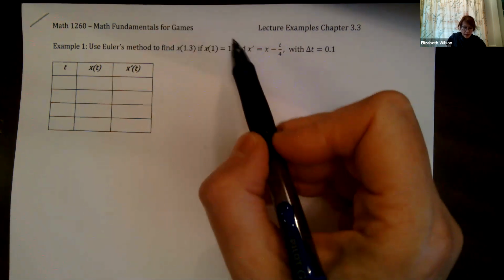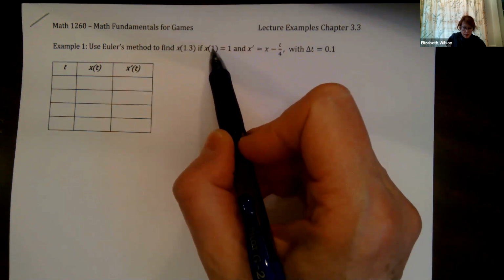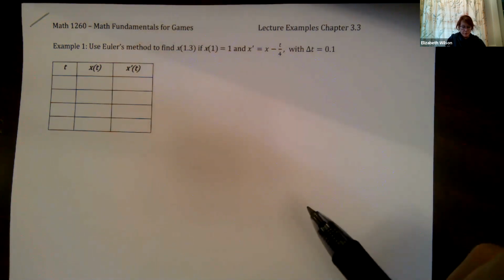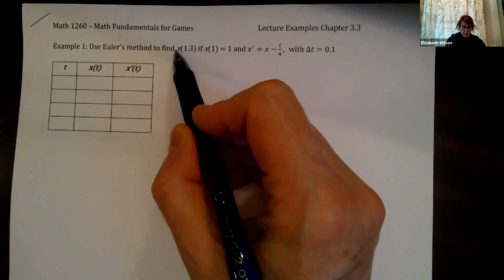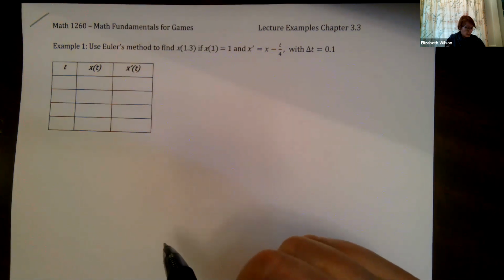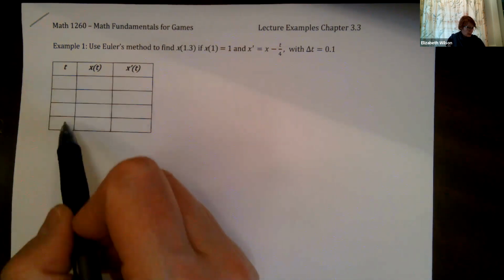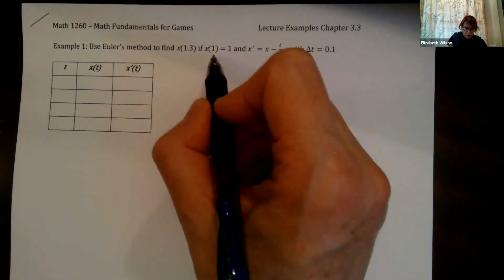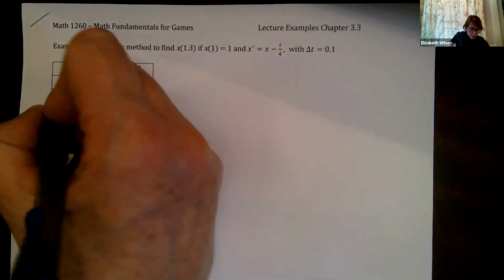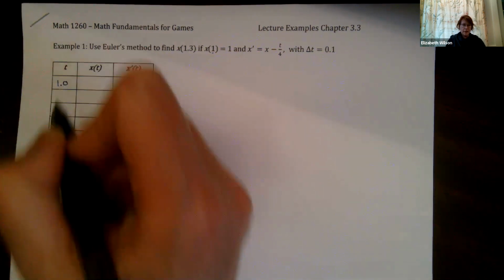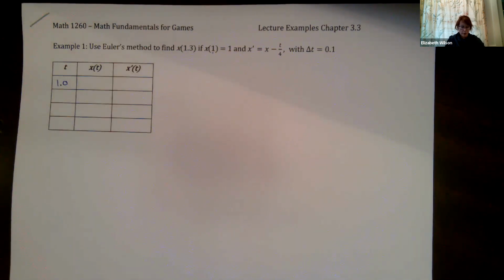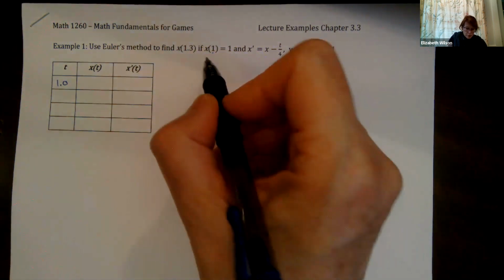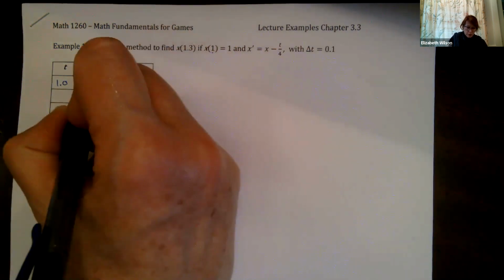Okay, so my t is 1. Okay, my delta t is 0.1. I've got an initial condition, and we're going to use that to fill out our table. So we start off with our initial condition, starting at t equals 1.0. I was given my initial condition, x of t equals 1.